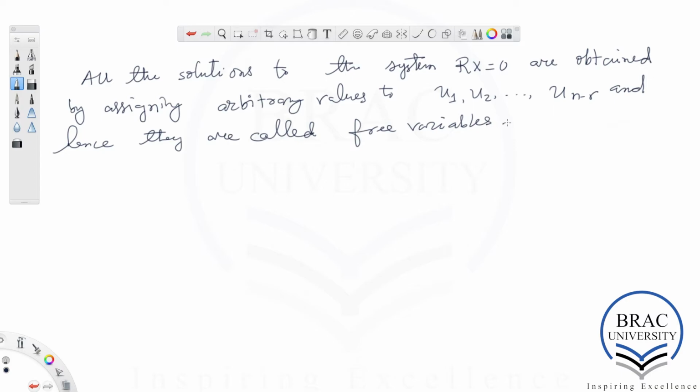Okay, so let me write this system 1 again, which I erased a while ago. The first one being x sub k1 plus the sum of all the terms containing c1j uj, where j runs from 1 to n minus r, and we set it to 0.